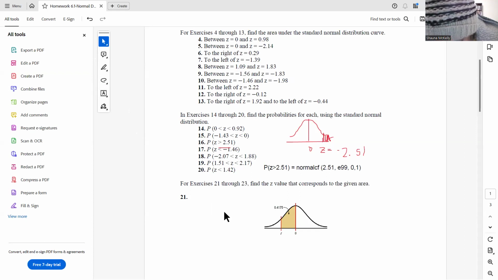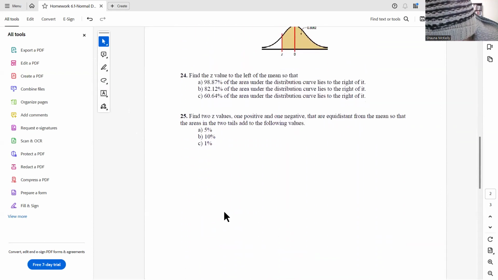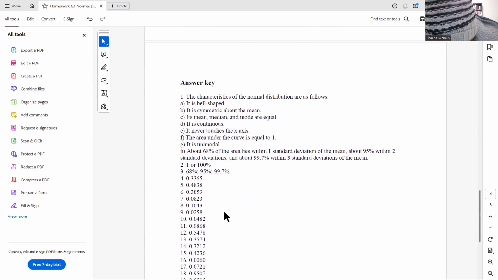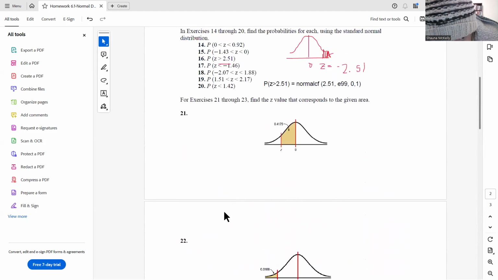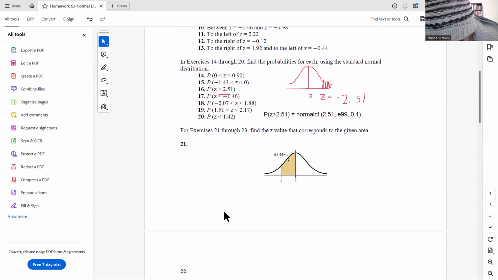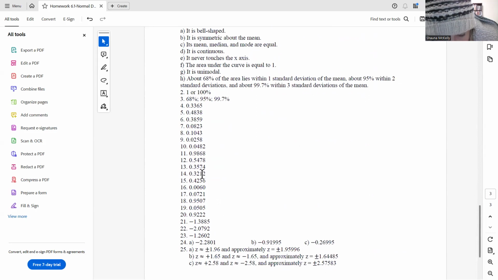And I'm going to go ahead and scroll down and look at number, what number was that? That was number 16. So let's look at 16. There it is, 0.0067.